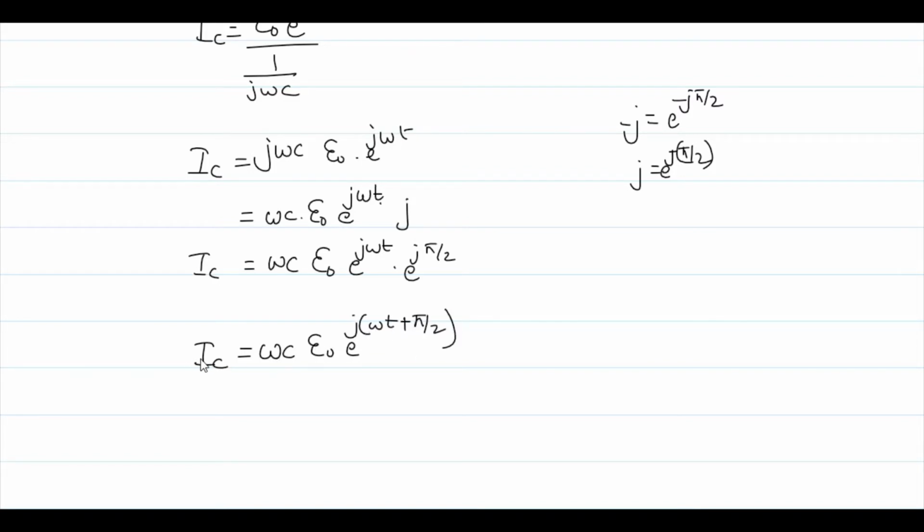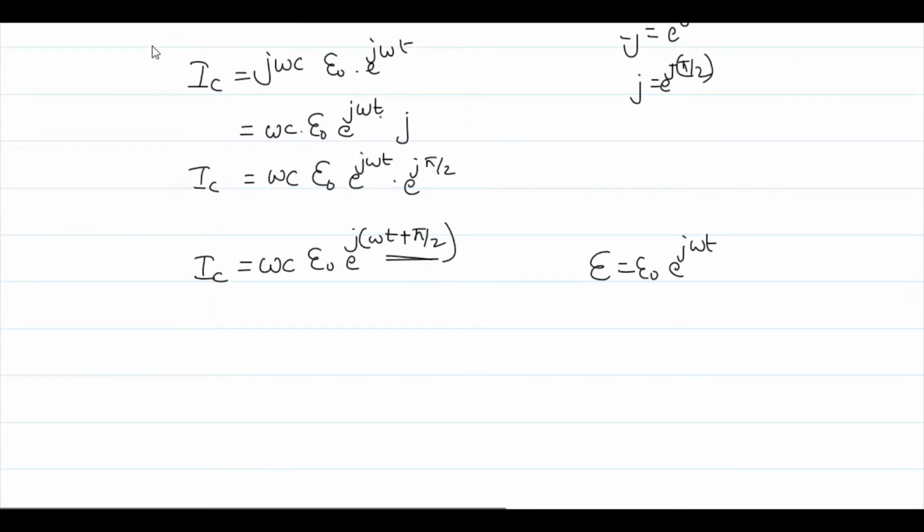Then if you compare the same IC with the given EMF equal to EMF naught e power j omega t, you can see our current term is leading by an angle of 90 degrees. Therefore, the currents in the two branches differ in phase.